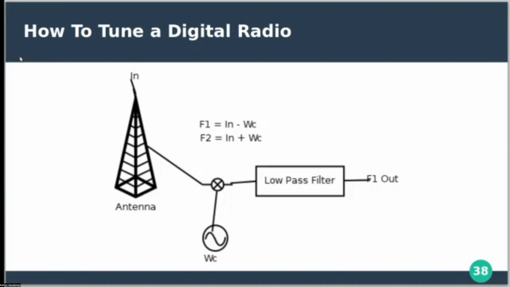We want to lower the frequency so we can send it through the USB ports. We can then send the output through what's called a low pass filter to get rid of the sum and just get the difference.